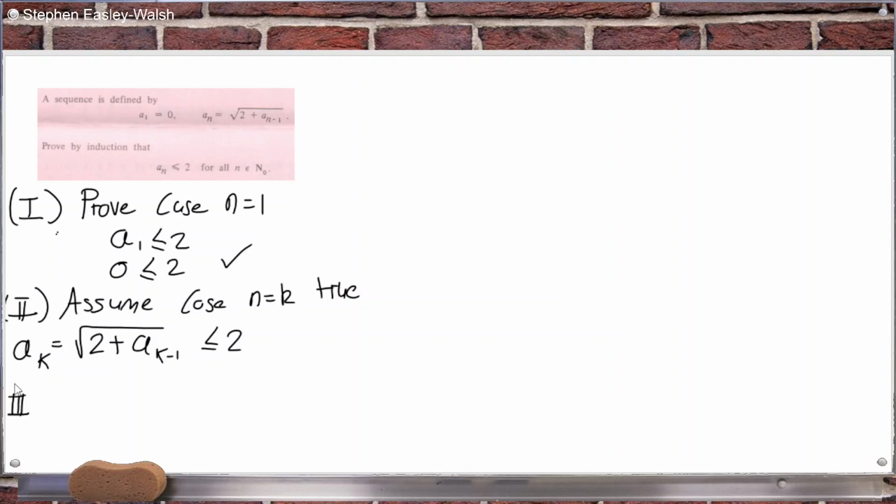Step 3: required to prove case n equals k plus 1, i.e. that root 2 plus ak is less than or equal to 2.